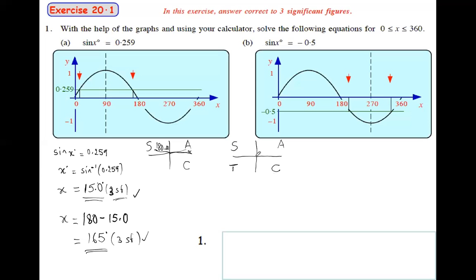Where it says T and where it says C. Because where is it positive? In that first quadrant, it was positive. In that second quadrant, it was positive. So when I ask you, where do you think sine is negative? You could have just said, obviously in the third and your fourth quadrant. And in terms of CAST, first, second, this is my third, and this is my fourth quadrant.